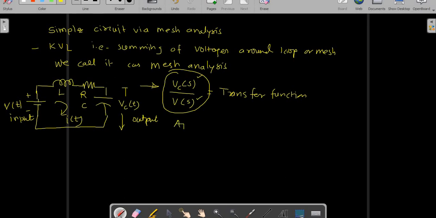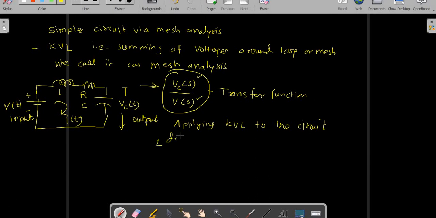Now here, applying KVL to the circuit, what we will get?